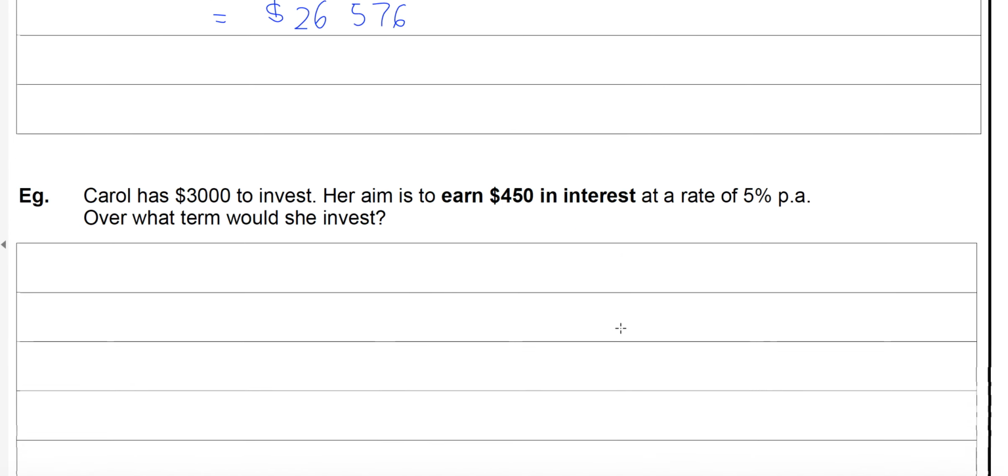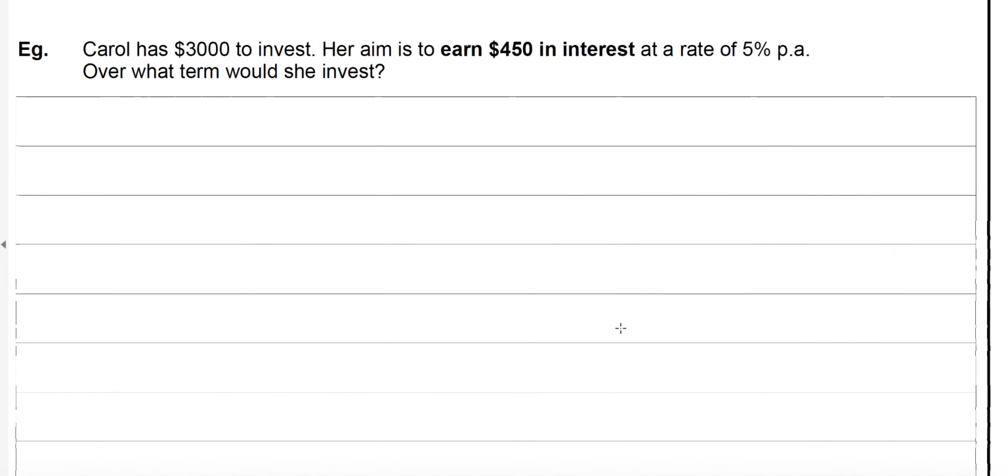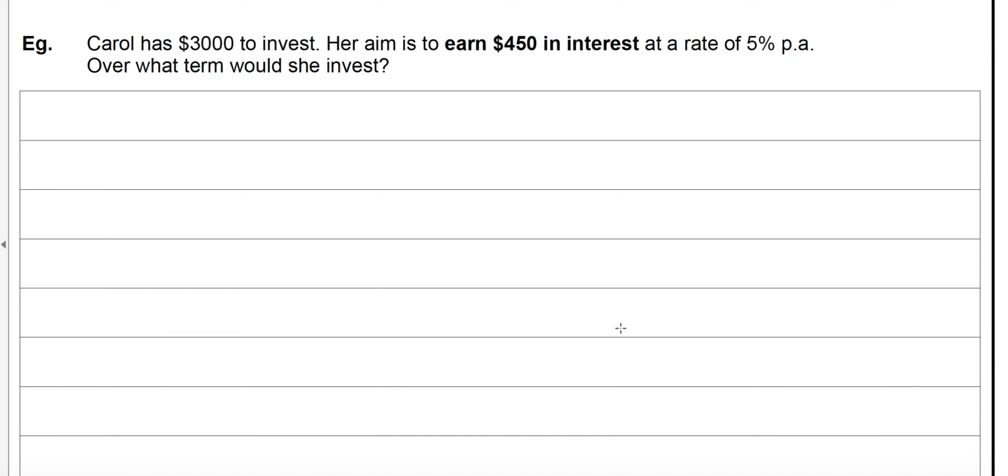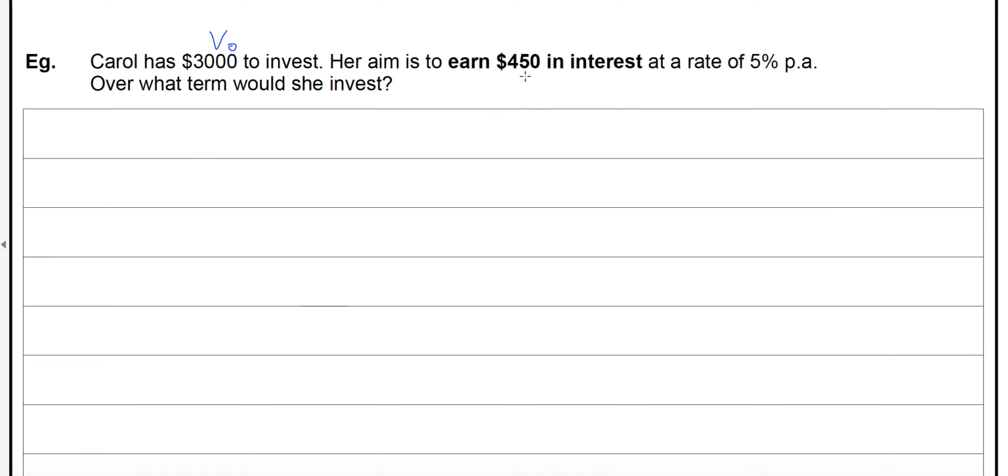Last one now, just something that looks a little bit different. Carol has $3,000 to invest. So she has got a V0 principal of $3,000. Now, she wants to earn $450 in interest. So that's our overall earnings.